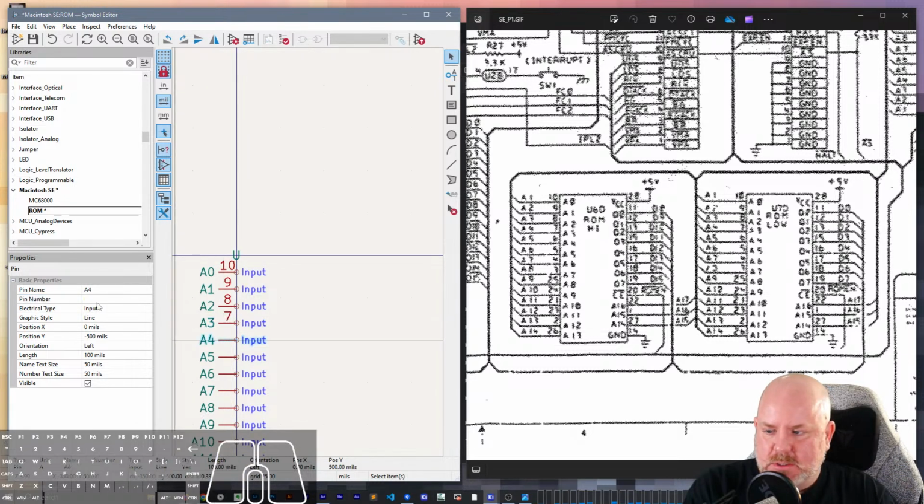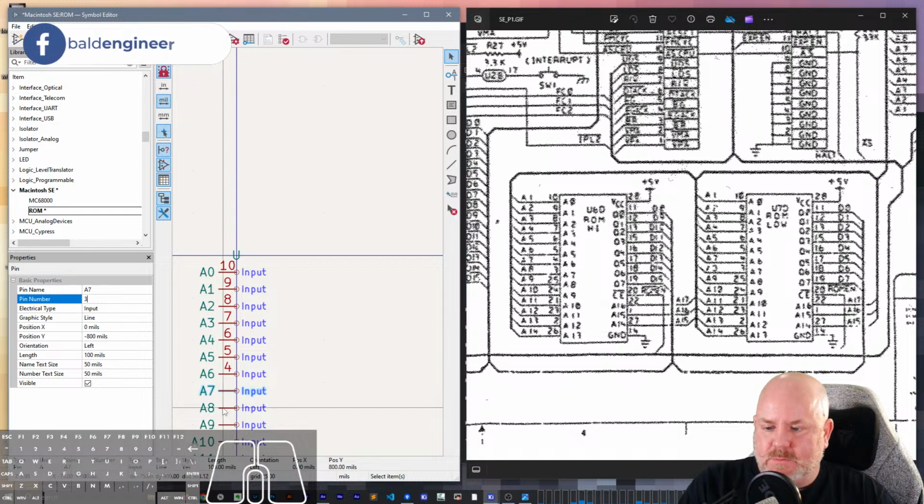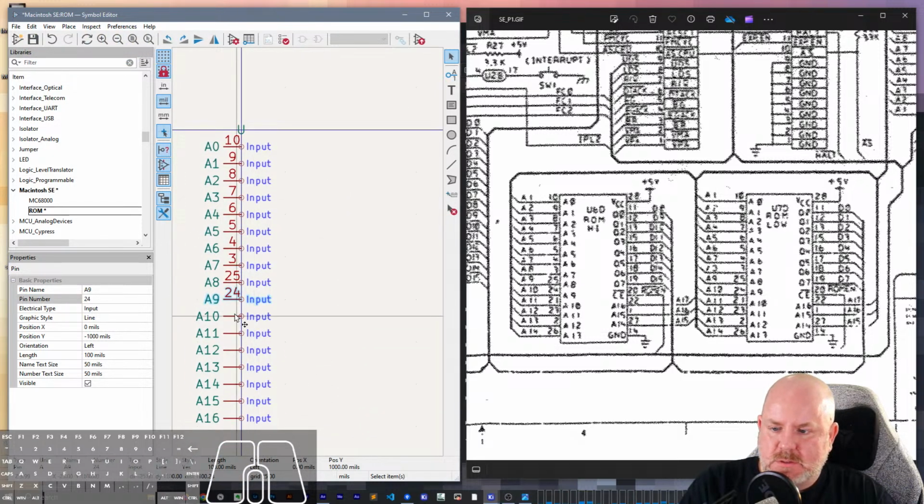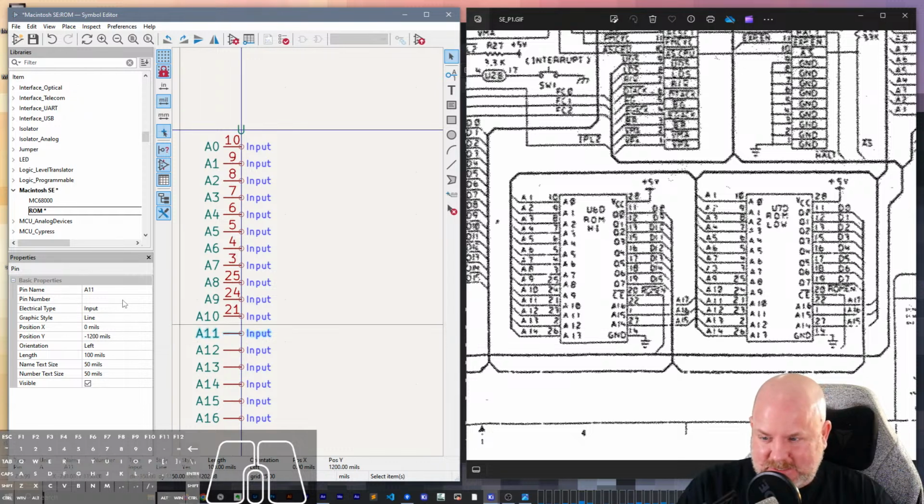7, 6, 5, A6 is 4, 3, A8 is 25, 24, 21. Is that 23? I think it's 23.